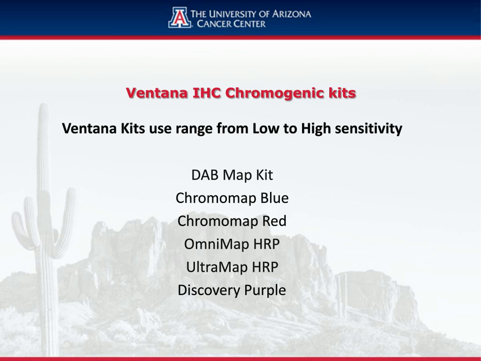If I have a low-expressing protein, I use Ultramap, and I use the same conditions that I did in determining what antigen retrieval conditions are correct and antibody titer is correct.